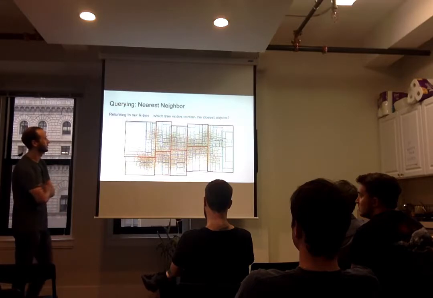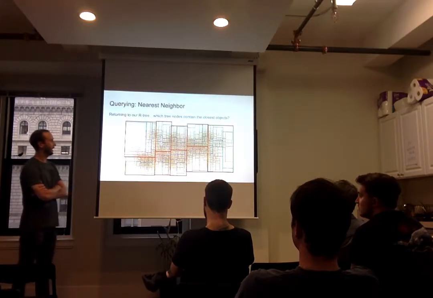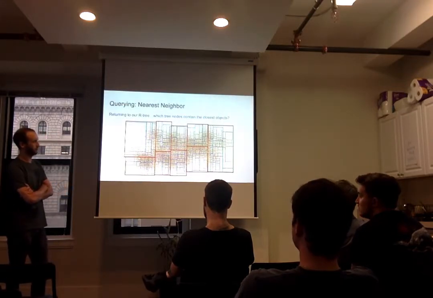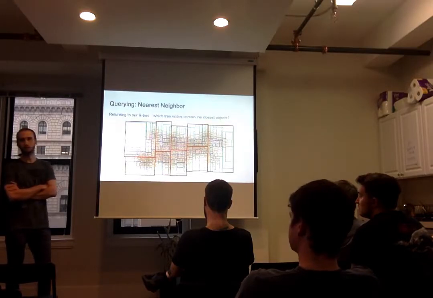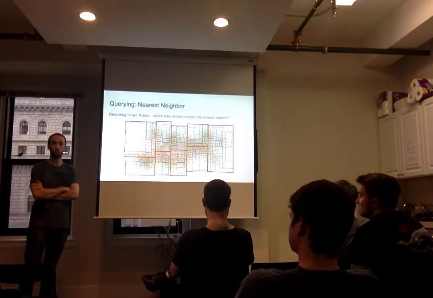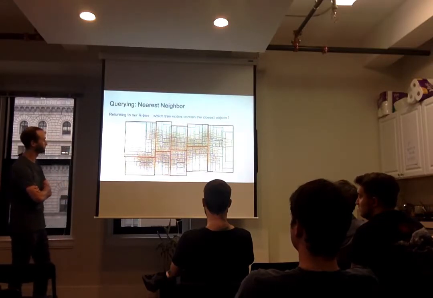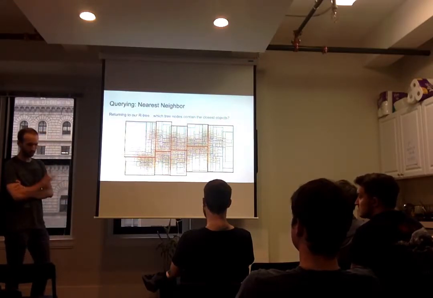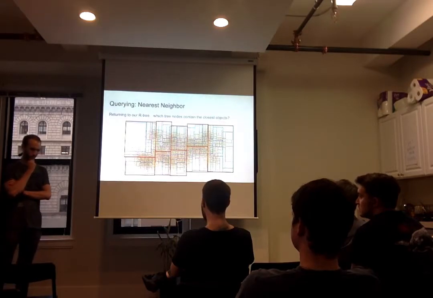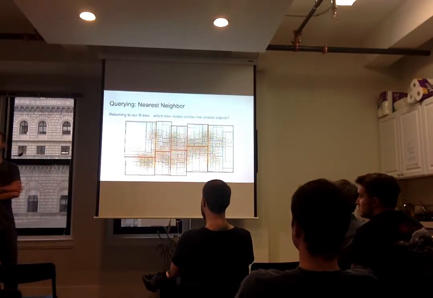And looking at this, I don't think it's immediately obvious how you would ask the structure what the answer to that question is. Something we could maybe do is start with saying, okay, we'll use a radius query. We're going to construct a radius.